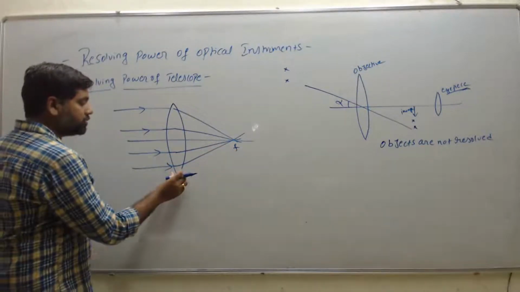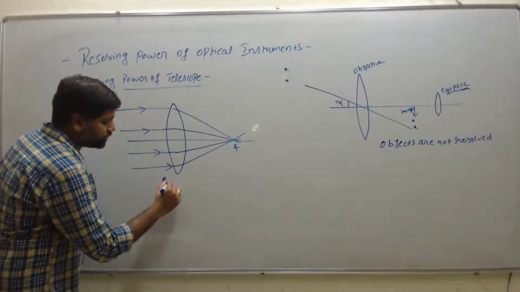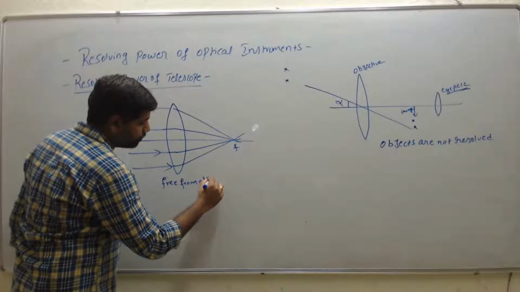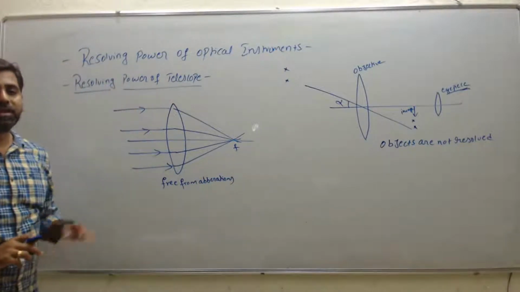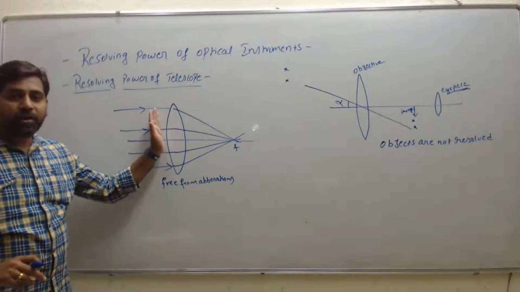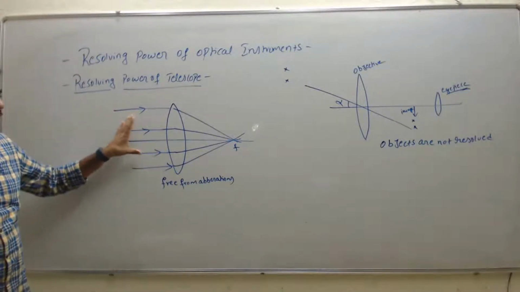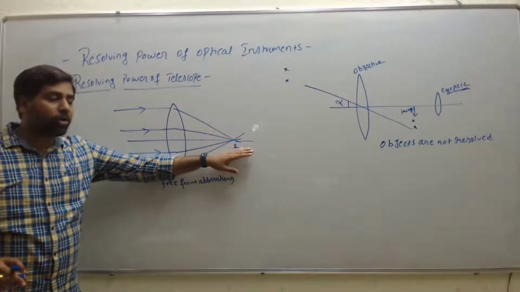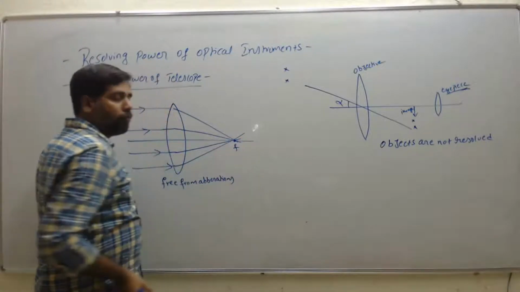Here the lens is free from aberration, as the light rays fall parallel onto the convex lens. After refraction, they meet at the focus, where the image is formed.